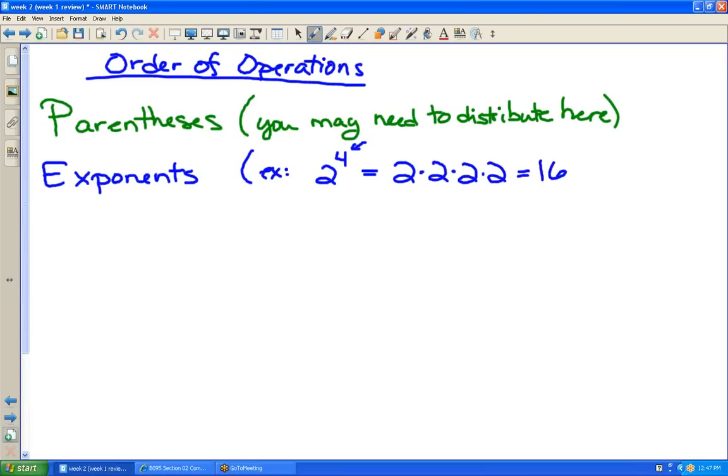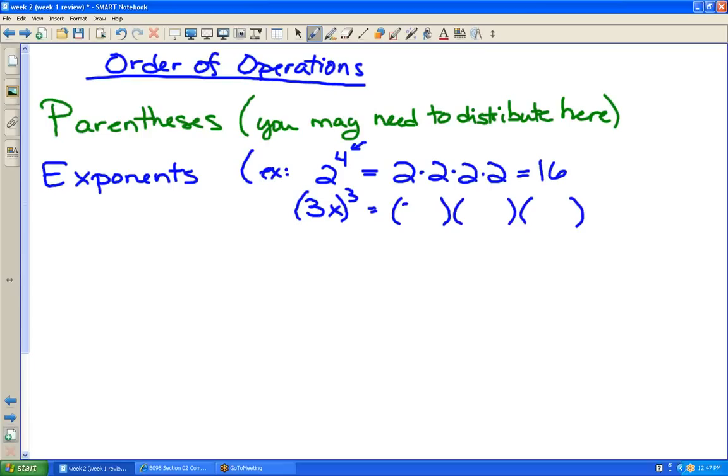Same thing works if there's a variable term. Say I have parentheses, and I have 3x, because I'm not being creative, to the 3rd. Meaning that the exponent 3 is attached to the parentheses, so I need 3 sets of parentheses.